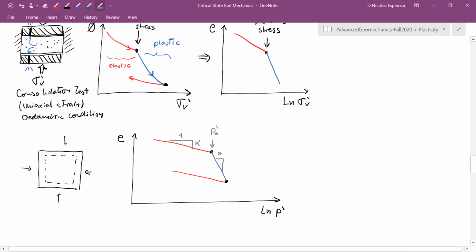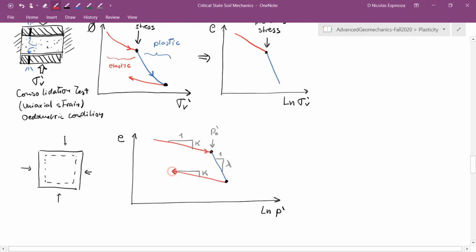On this section, I'm going to have a slope, which is characterized by lambda. And I'm going to assume too that during unloading, I have the same stiffness as during loading, and it's the same parameter kappa.